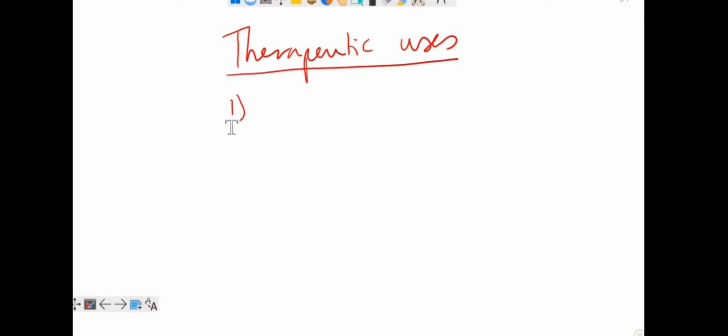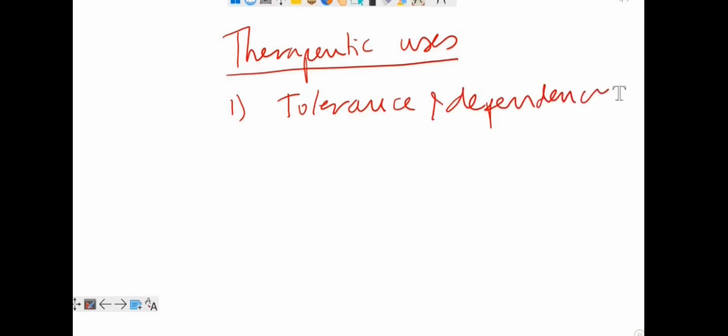Lastly, we'll talk about therapeutic uses of benzodiazepines. Nowadays they are no longer considered to be first-line monotherapy, because of the problem of tolerance and dependence. They are kept only for certain cases, where indicated for a short period of time under very close medical supervision.